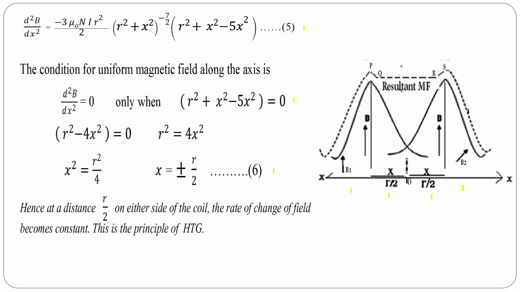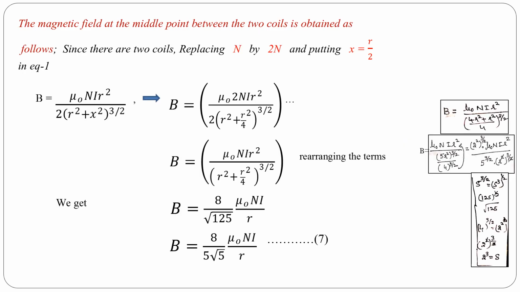Here you can see in the graph, from the center where the compass box is situated, which is taken as 0 distance, from there to either of the coils x is equal to r by 2, and the resultant field is almost uniform in between the two coils from Q to R. Now let us find the magnetic field at the middle point between the two coils.